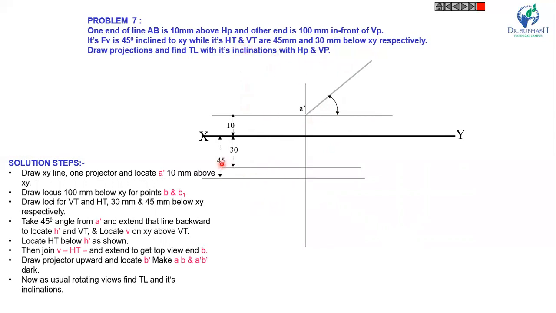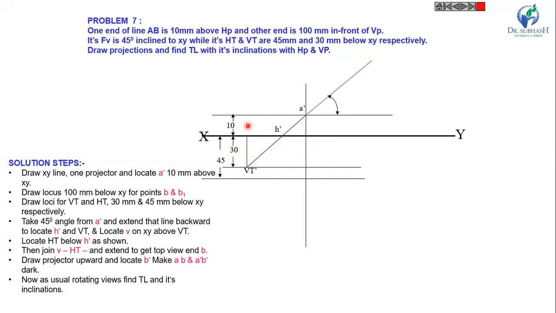So draw the two loci at a distance of 30 mm from XY and 45 mm from XY. Now extend this A dash up to here. This point of intersection with XY is H dash, and the intersection here is the VT, because VT is 30 mm below XY.